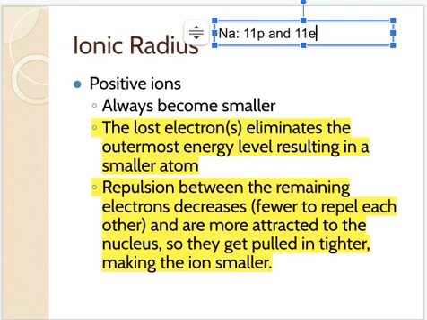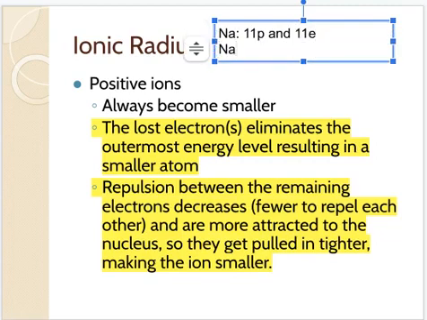Our sodium ion, we said, was a plus 1. Our sodium ion has 11 protons, but we said it lost an electron. It tends to lose that electron and therefore becomes a plus 1. So now we only have 10 electrons. This is what we want to compare here.